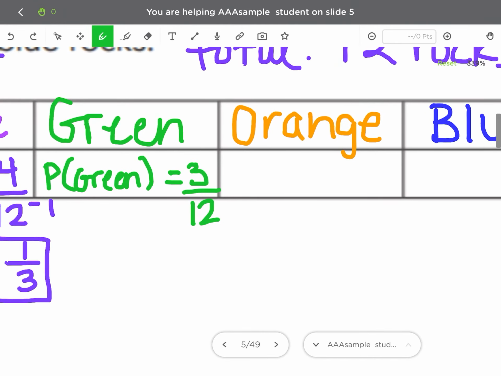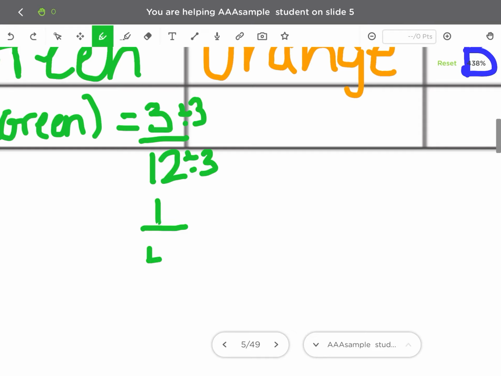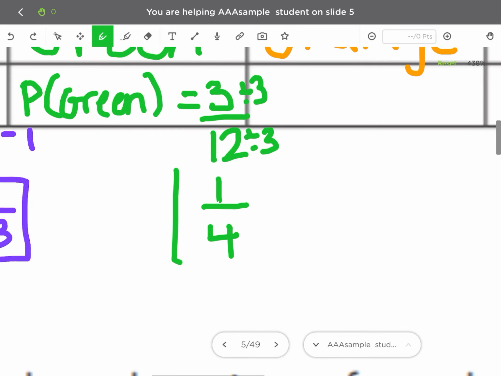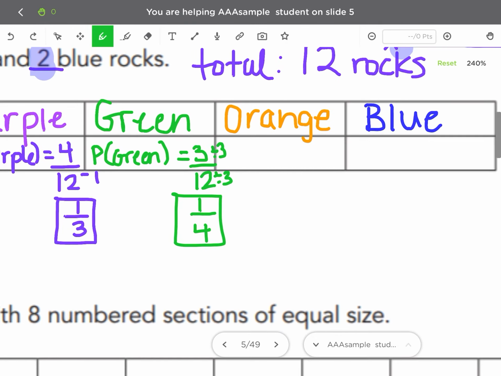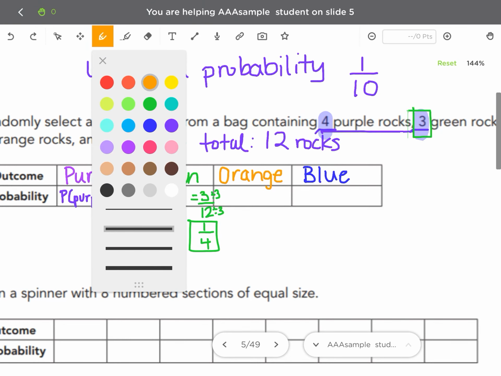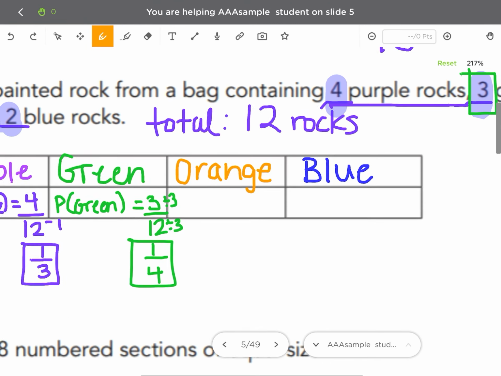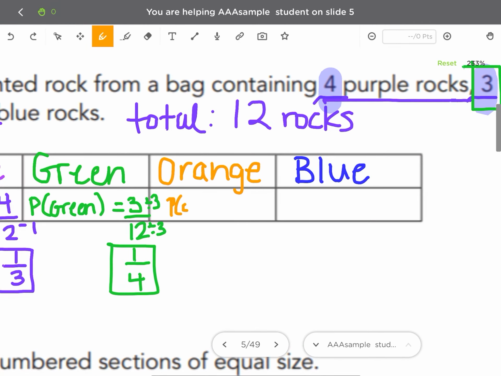Again, I can reduce 3/12 because I know I can divide both 3 and 12 by 3. So then I'll get 1/4. So the probability is 1/4 of pulling a green rock out of the bag. Orange, I had 3 orange, so that's going to be the same. Probability of orange is 3/12. Same thing, so I will get 1/4.